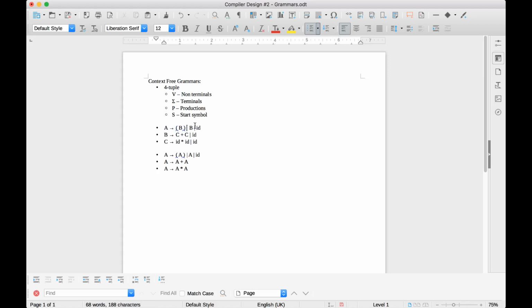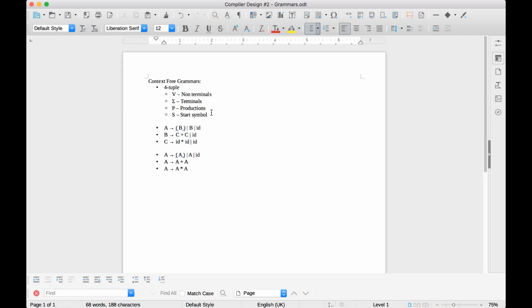Now, the ors here could also be represented as A goes to B, for instance, instead of this. But this just makes things much more convenient. You don't have to write out A goes to every single time. So let's just add this right back in here.